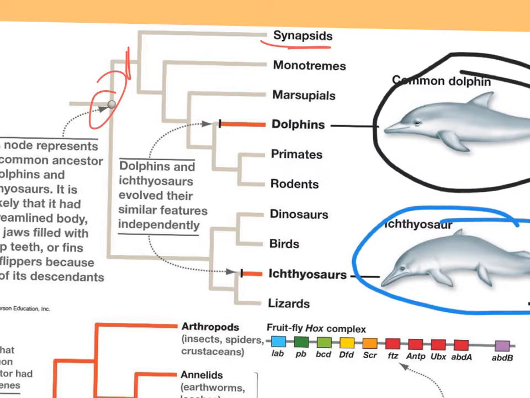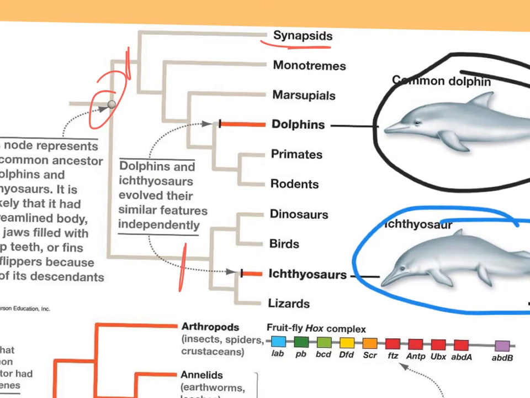The ichthyosaur is actually part of this reptilian group that includes birds, dinosaurs, lizards, and snakes. Okay? And all these other ones didn't have this body shape. So in this case, it looks like, because this ichthyosaur is more similar actually to a reptile than to a mammal, this body form evolved independently for each group.